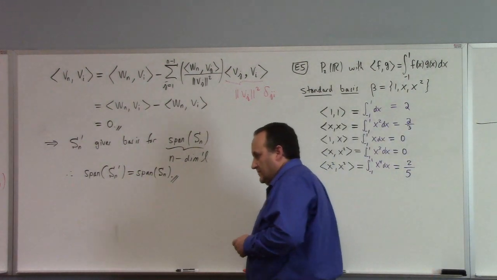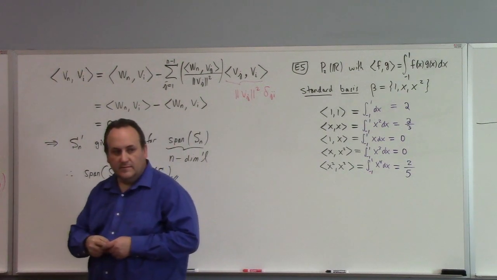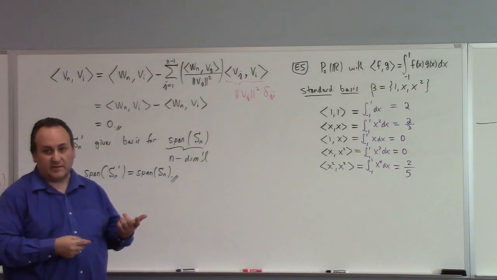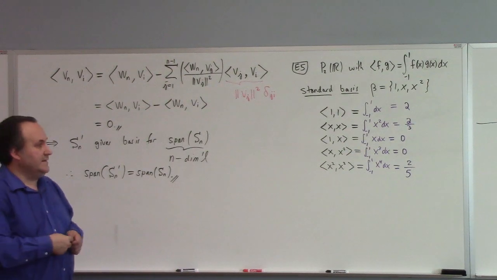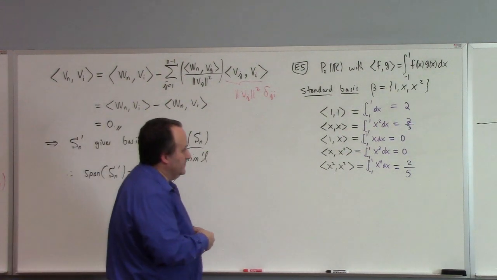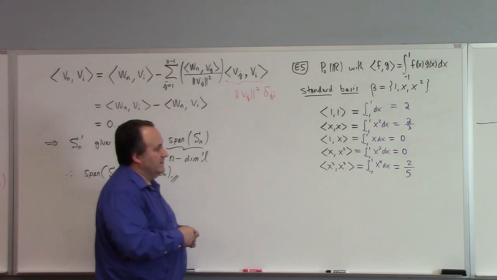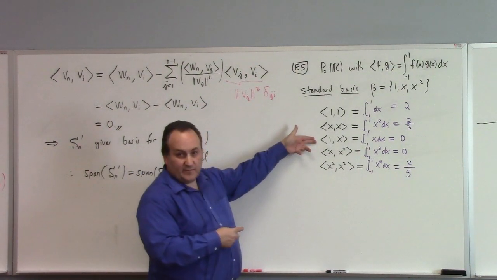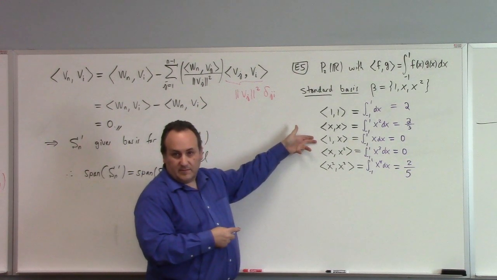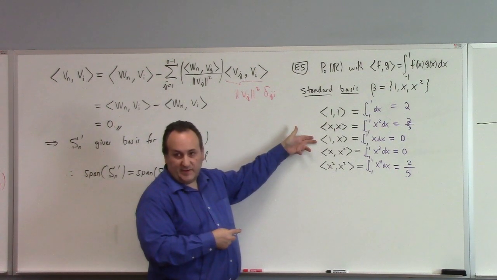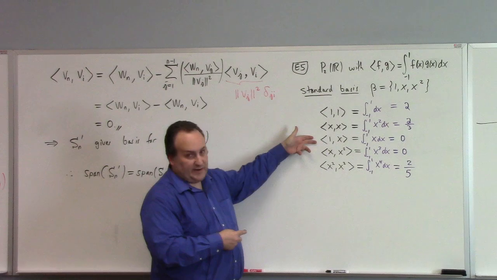So they're not orthonormal. They're not normal, they're not unit vectors. And they're also not entirely orthogonal, though 1 and x are perpendicular. So if I want to find an orthogonal set that spans P2, I can definitely use 1 and x.